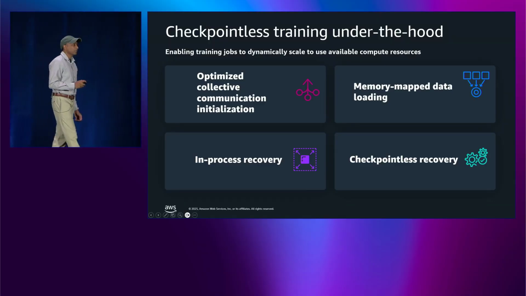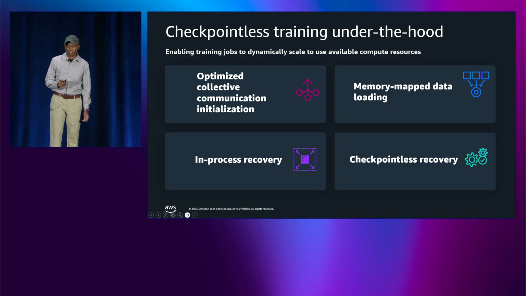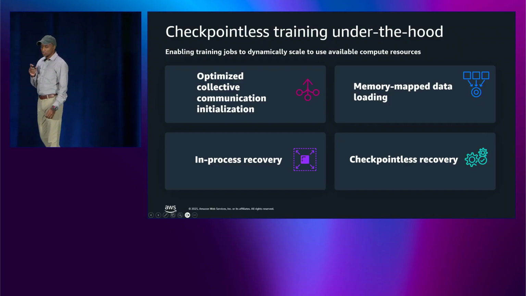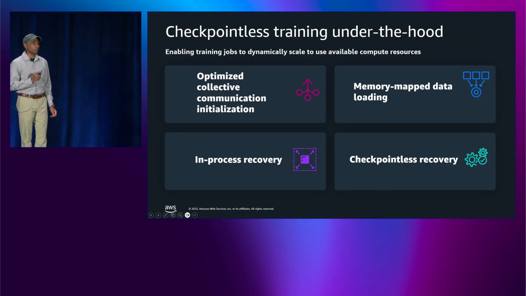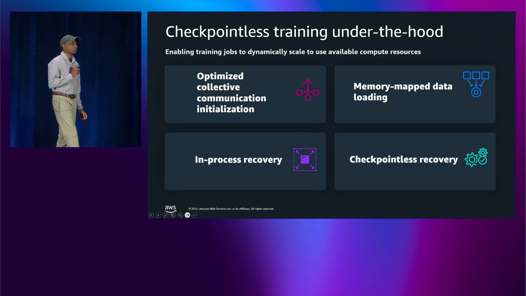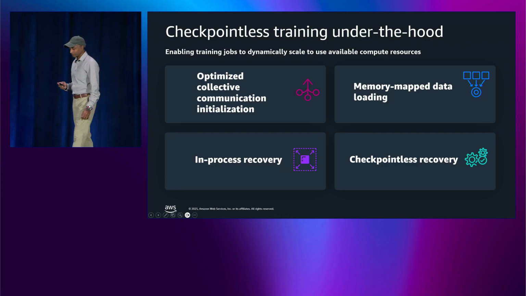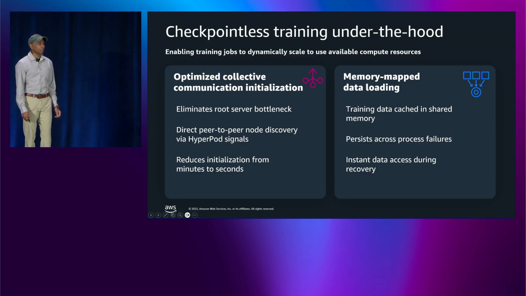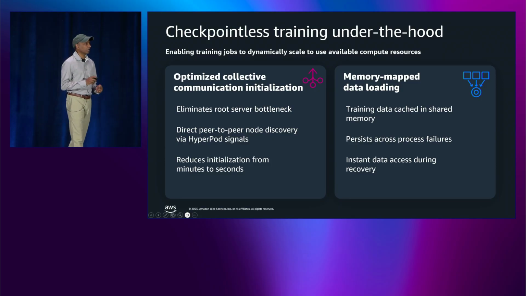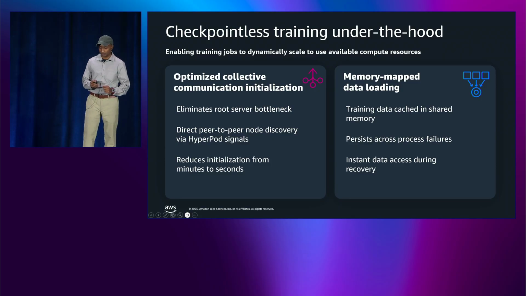Checkpointless training is built on 4 key innovations that work together to eliminate bottlenecks in the traditional distributed training systems. Let's walk through one by one. The first one is the optimized collective communication initialization.